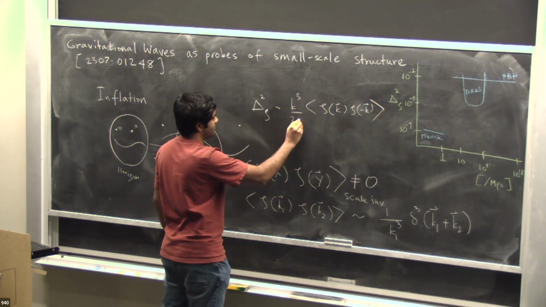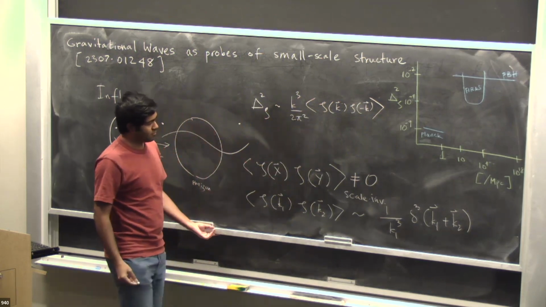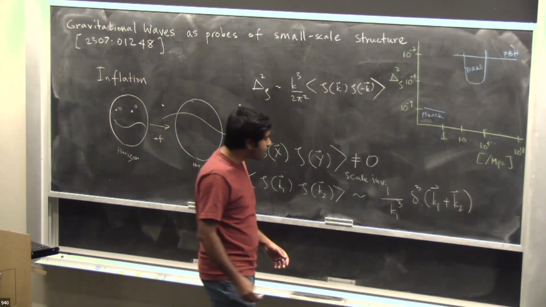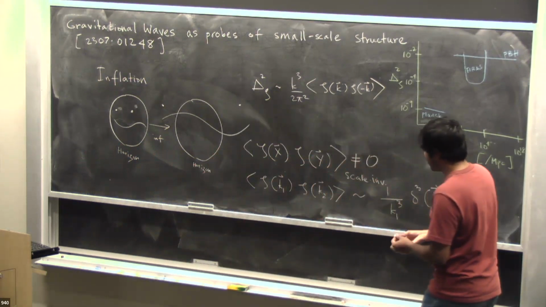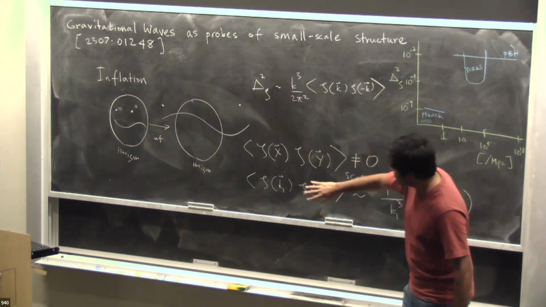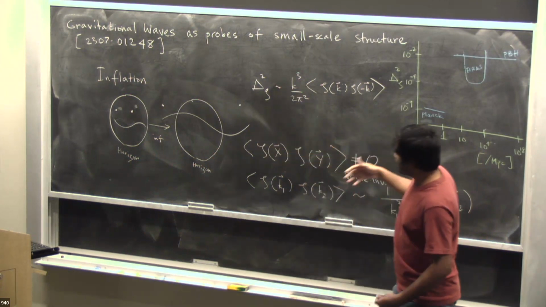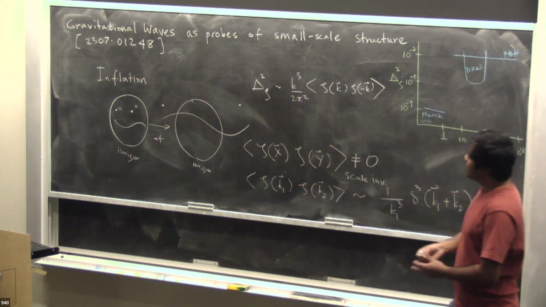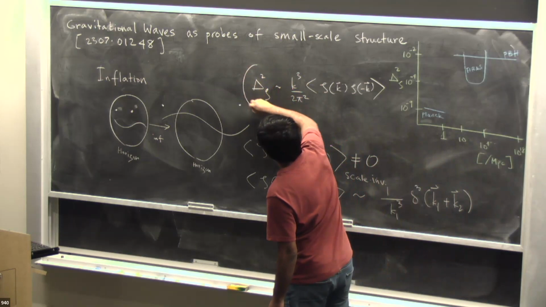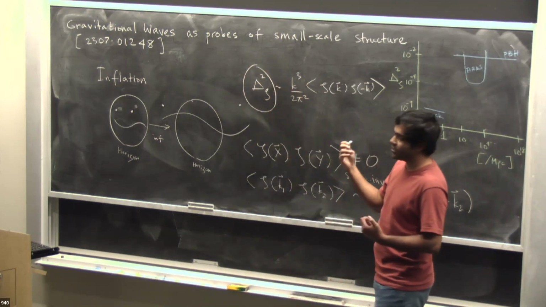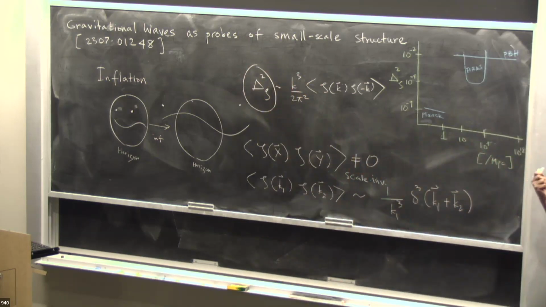There are some factors of 2 and pi, not super important for this stuff. So what I have done is something very simple. I've just taken this factor of k cubed over there. And because of this assumption of scale invariance, what we expect is that this function should not have a very strong dependence on k.